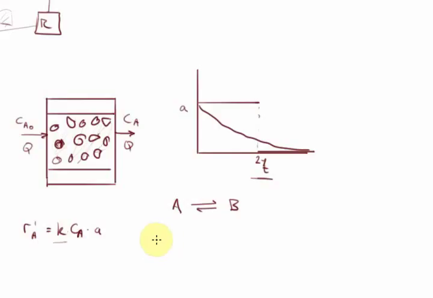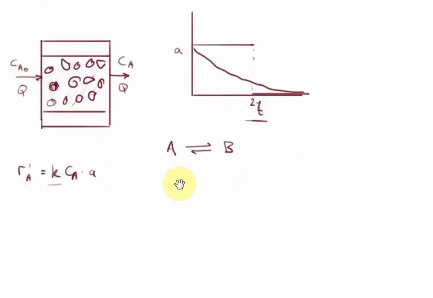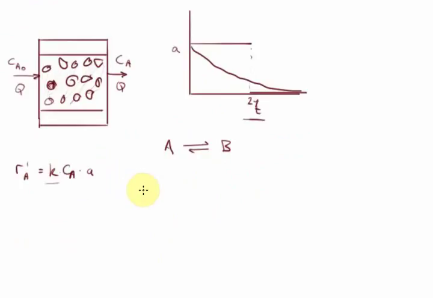So let's try and work out a relationship for that. So let's say Ra dashed is kCa times A. Well, that's the same as we have there. And we know initially A equals 1. So we can say Ra dashed at t equals 0, right? At t equals 0, A equals 1.